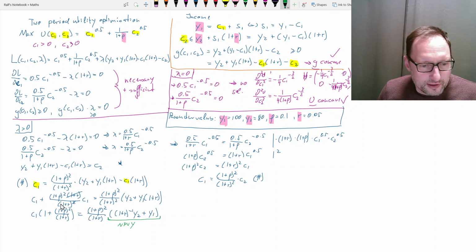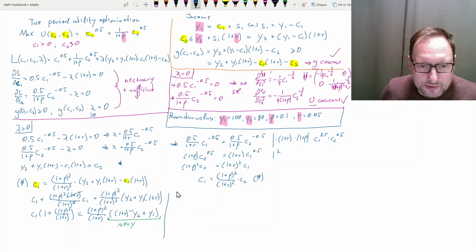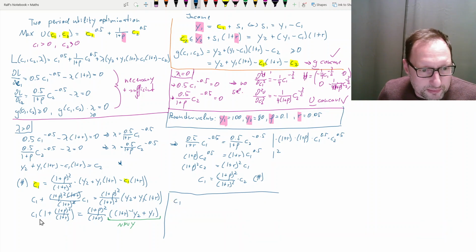Once we have this, we'll continue here. I'll do one further algebraic simplification on the left hand side.